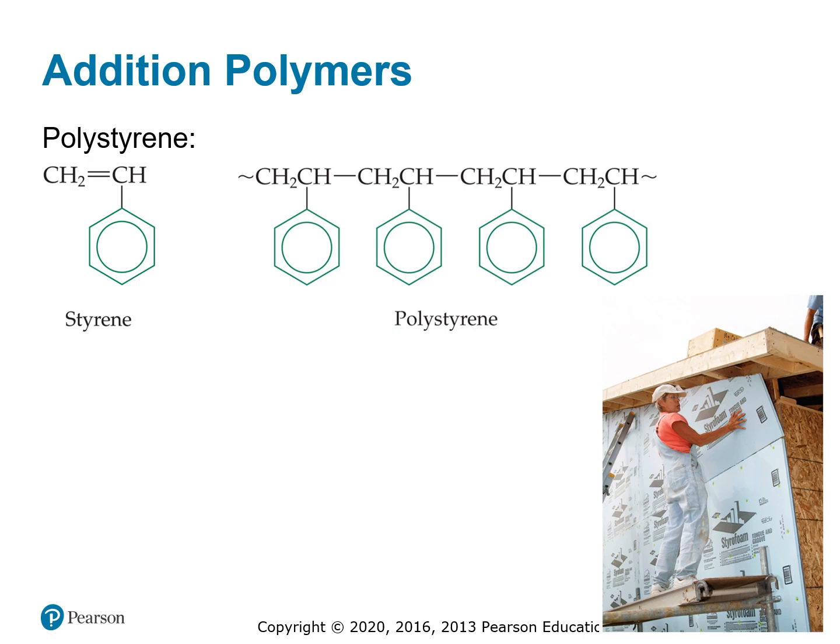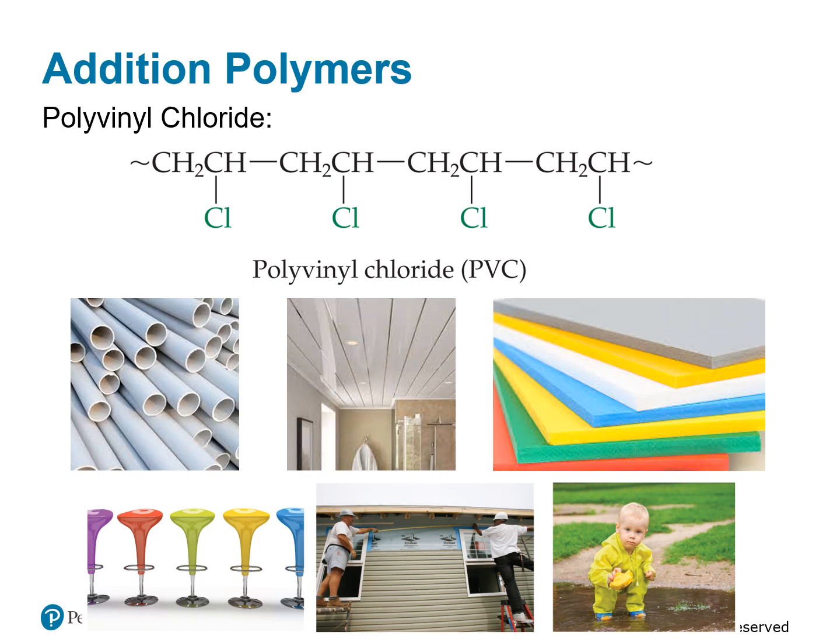So the addition reaction has occurred, putting these monomers together, and in the process you have changed this double bond to a single bond. These are n units. Polystyrene has a number of applications, one of them being insulation materials.